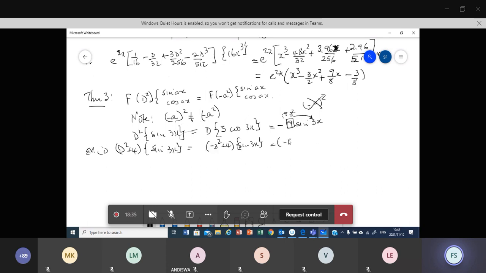That becomes minus 9 plus 4, on sine 3x. And your answer is minus 5 sine 3x. It's minus 5 because there's this 4 there. Otherwise, without that 4, you have seen it's going to be minus 9.